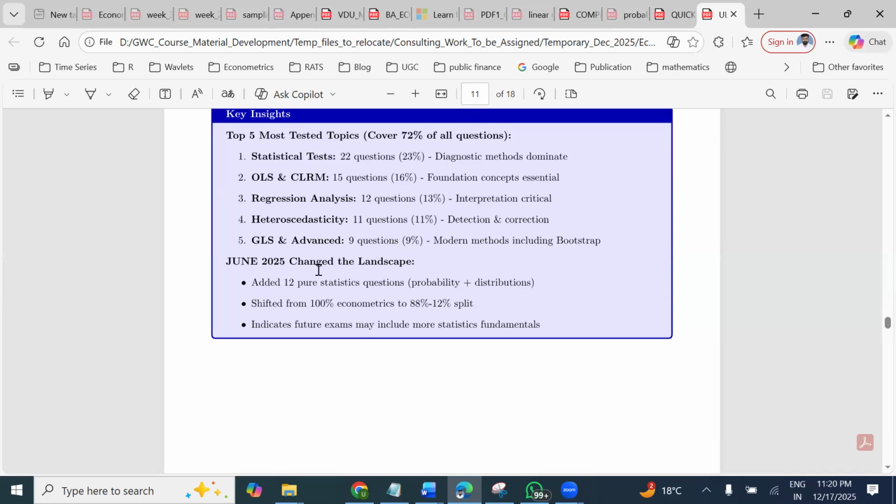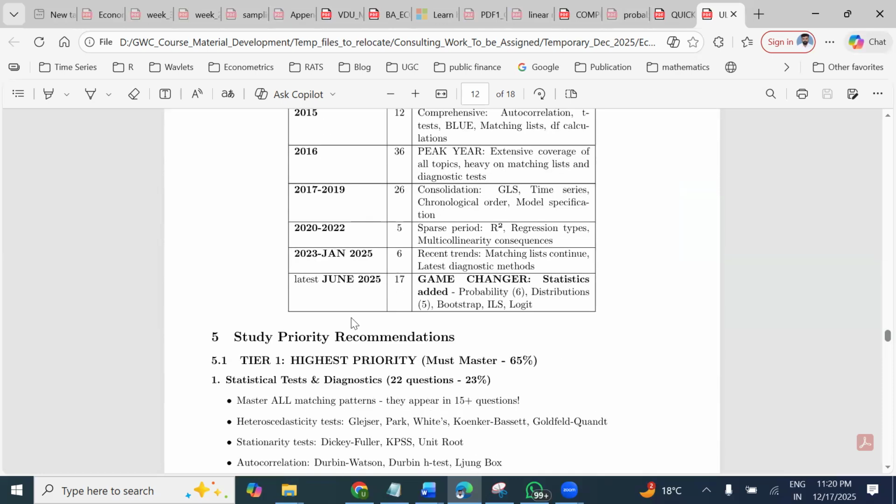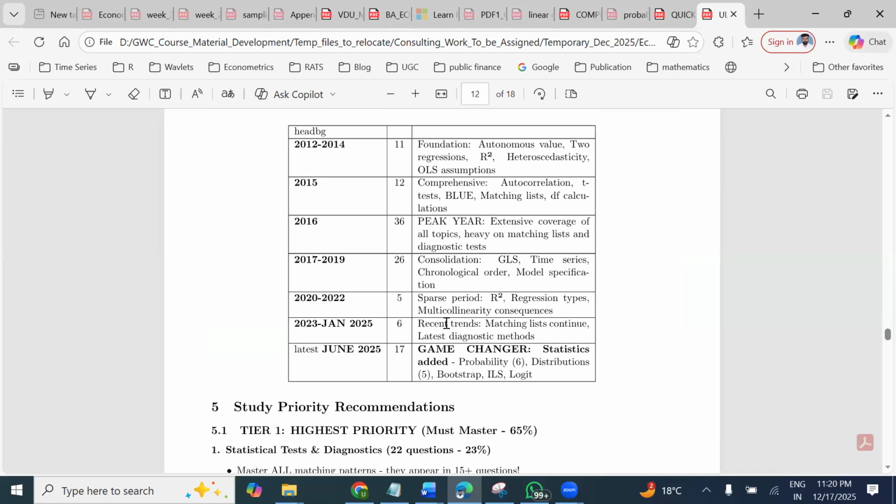Okay. Now June 2025 was a very tough paper. Obviously it asked a few very advanced questions, so it is a little departure from how they asked questions in previous years. This is how the analysis is being done, year wise.